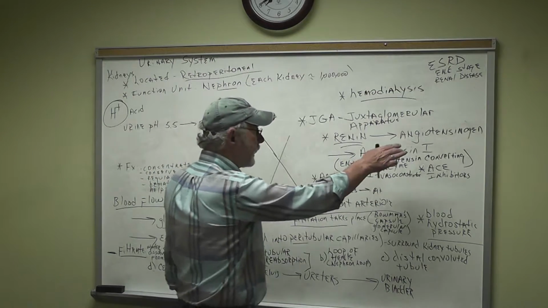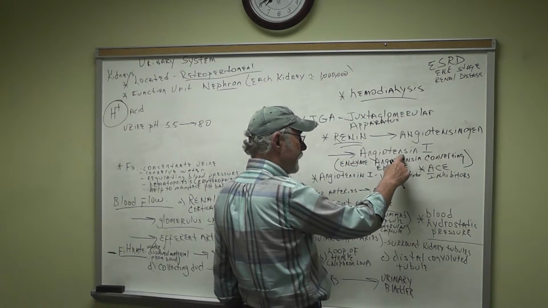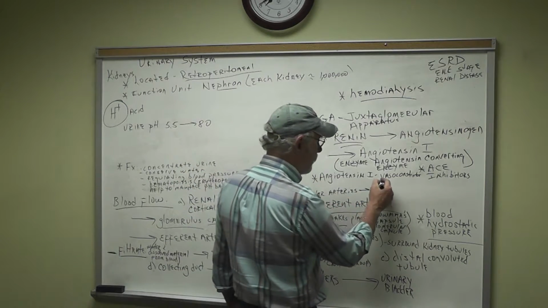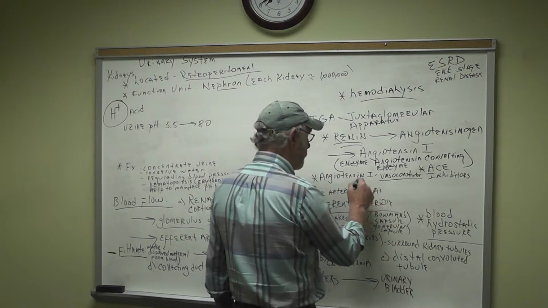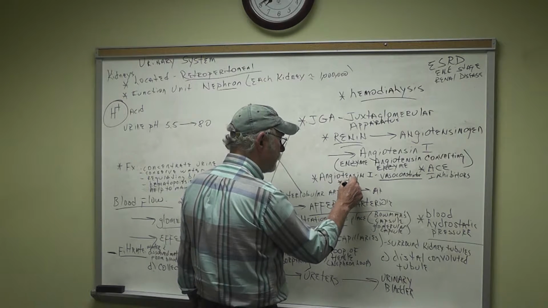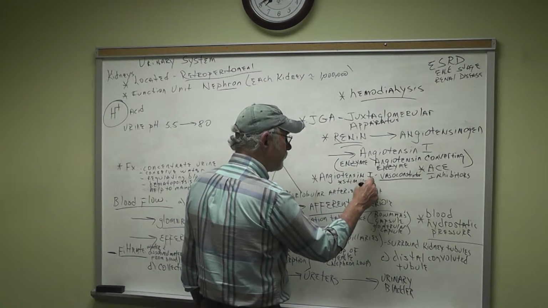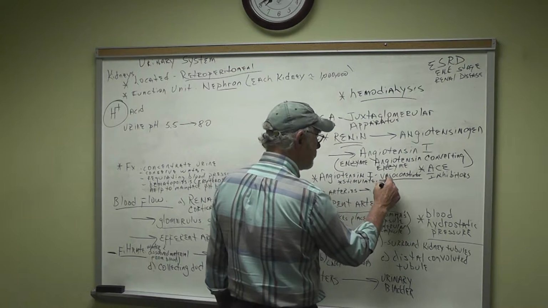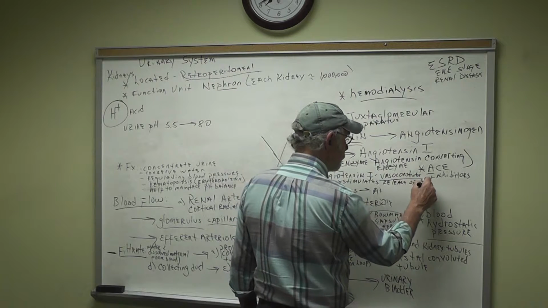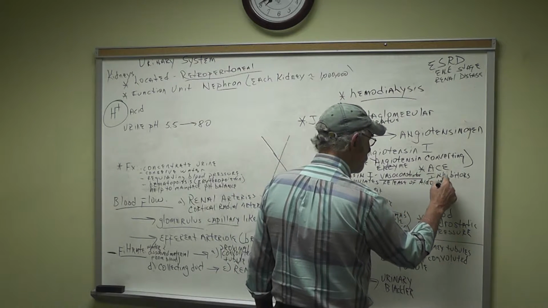And then the angiotensinogen is converted into angiotensin I, which is a very powerful vasoconstrictor. And this angiotensin I also stimulates the release of aldosterone.